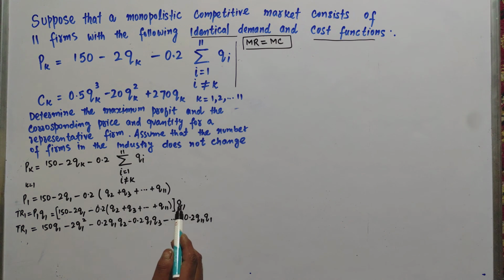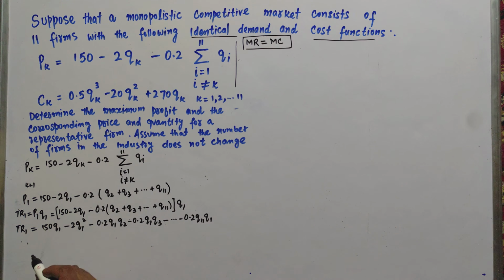We have multiplied Q1 to each of these terms. That is, 0.2 times Q1 into Q2, minus into plus is plus, 0.2 times Q1 into Q3, and so on up to 0.2 Q11 Q1. This is the total revenue function of firm 1.